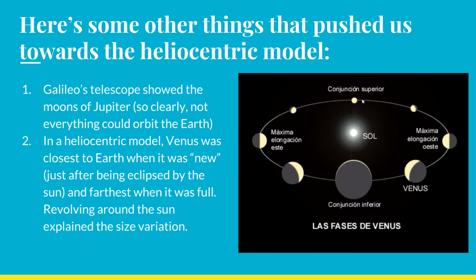And when it's farthest away and it's smaller, that's when it's going to be full. That's what we would see if Venus were orbiting the sun. And so we saw these changes in Venus, and it makes sense that if Venus is orbiting around the sun, those changes in size should happen in a cycle as Venus moves farther away from us.